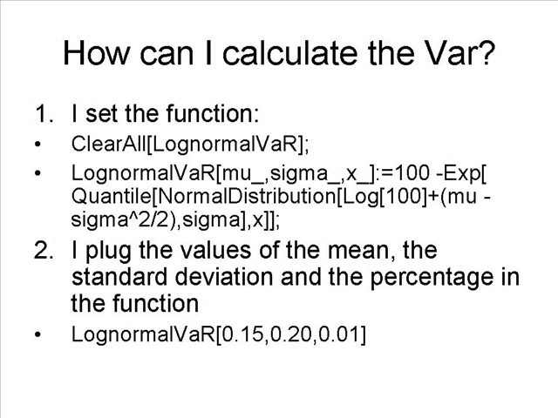Now, I want to calculate the value at risk, and I do this in two steps. First of all, I write the function with clear log-normal VAR, and then I set the function log-normal VAR, which is a function of mu, sigma, and x, three variables, and which is also equal to 100, our initial value, minus the quantile I want to calculate.